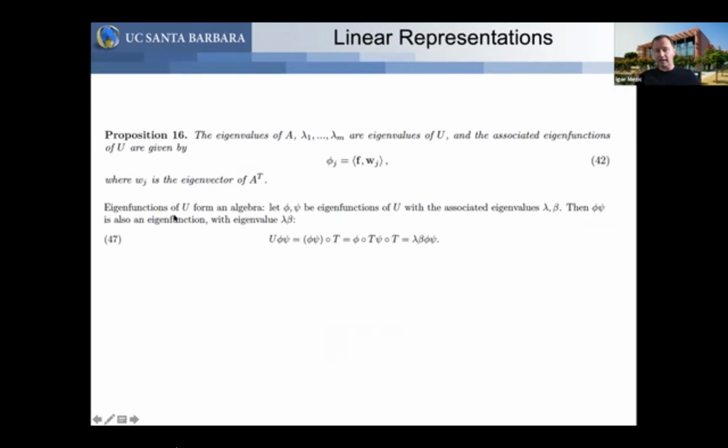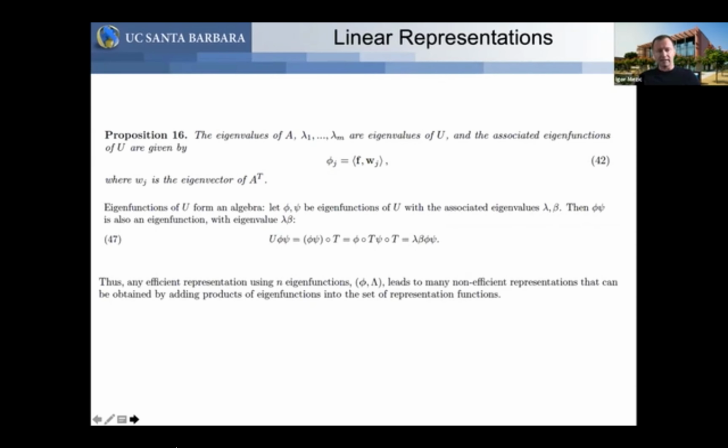And of course, eigenfunctions of U form an algebra. If you have two of them, then the product is also an eigenfunction. Now, this is not true for generalized eigenfunctions, but it's true for eigenfunctions. In that context, if you have an efficient representation using n eigenfunctions, you're going to get many non-efficient representations that can be obtained as products of eigenfunctions.